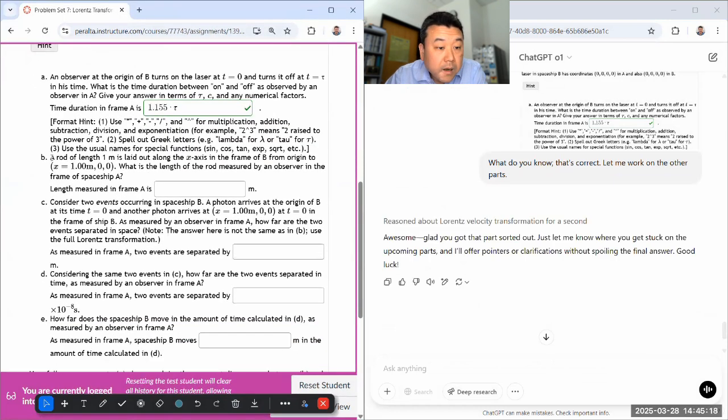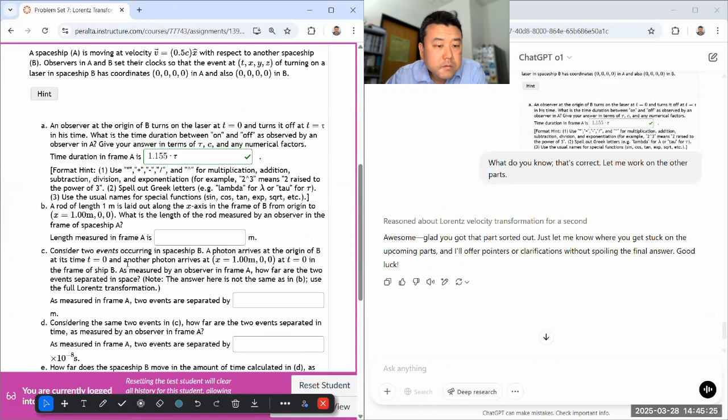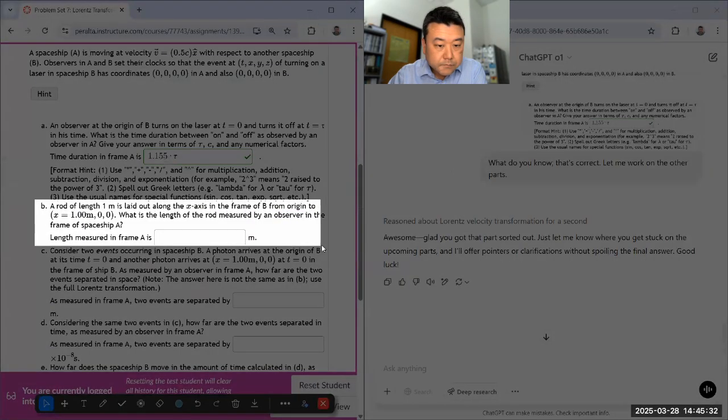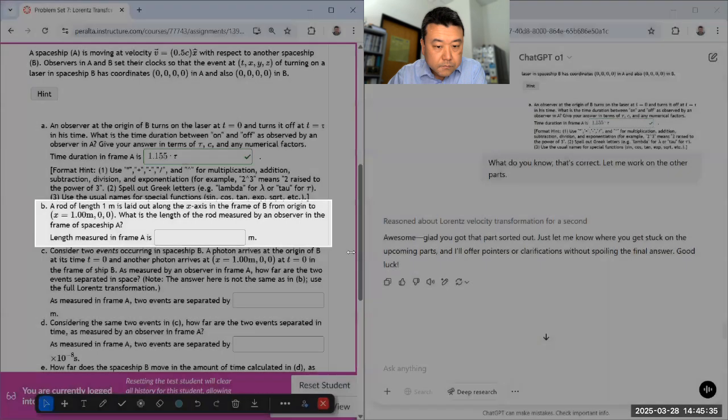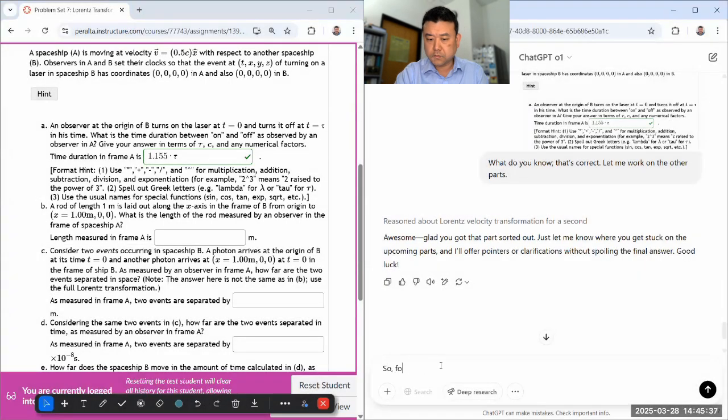All right, B, rod of length 1 meters laid out. So let's ask. For this part, do I just use the length contraction formula?